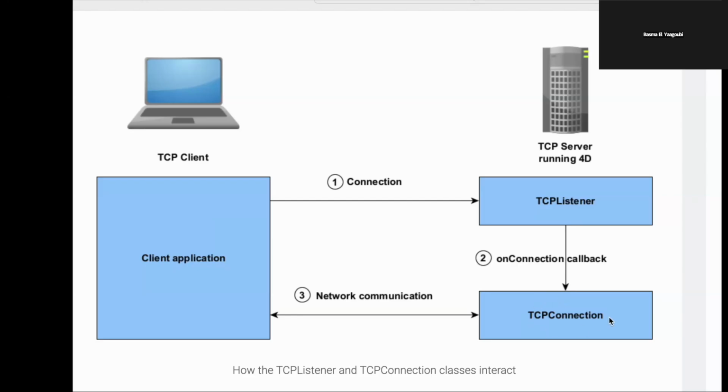And this TCP connection will then be used to handle the network communication with this specific client. So for each client reaching your TCP server, your TCP listener, you will have one TCP connection handling the communication.